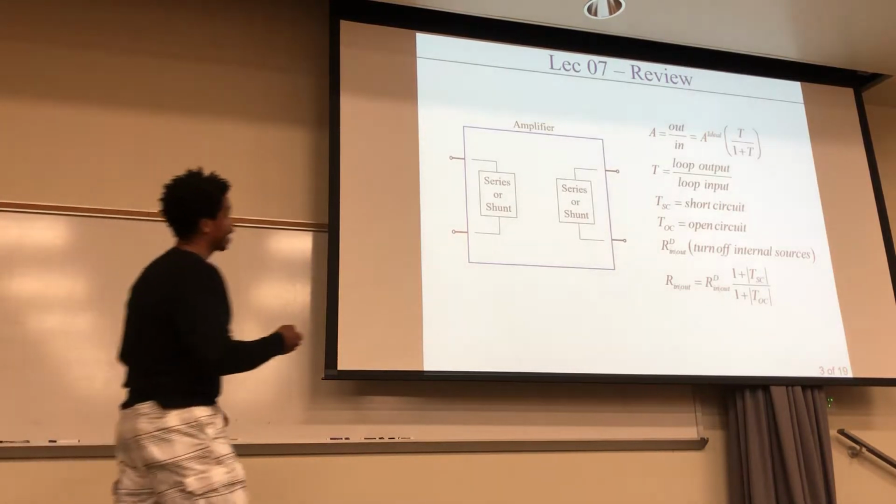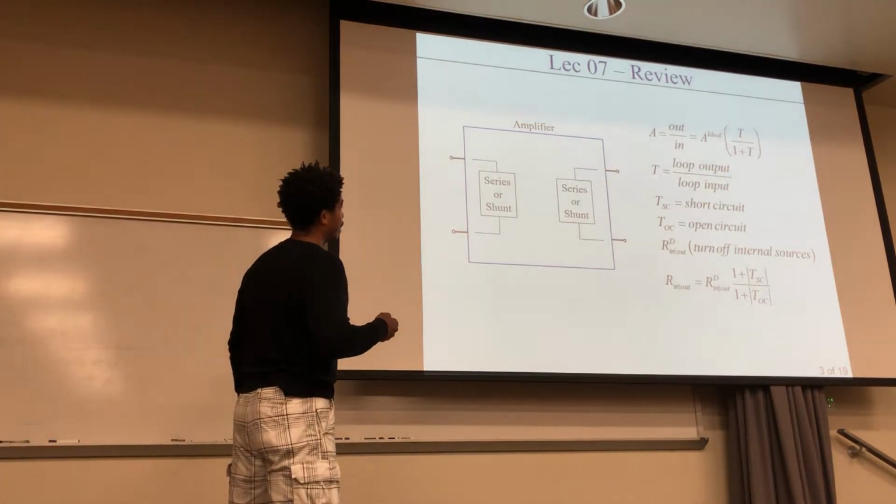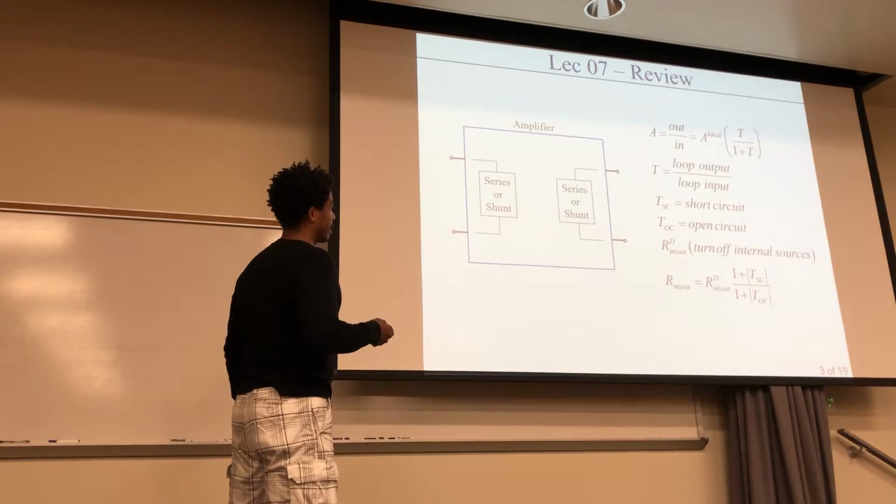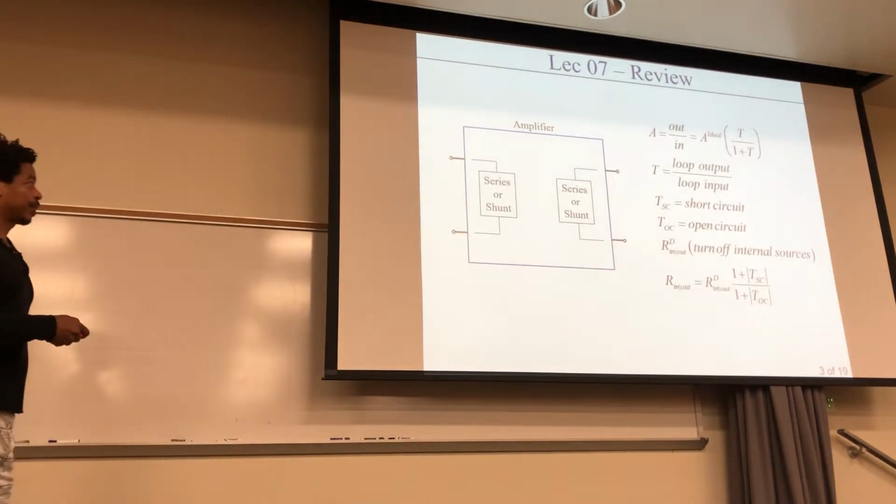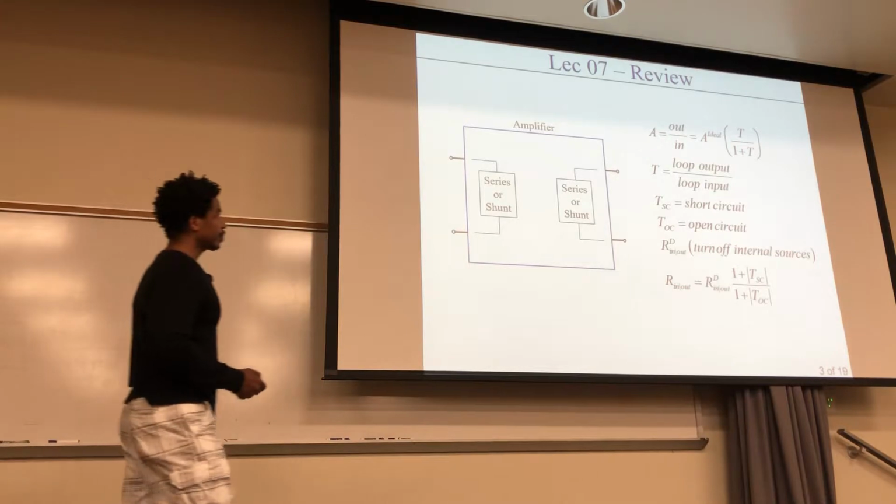We also looked at the loop gain, the short circuit loop gain, the open circuit loop gain, and the Rn if you turn off all the internal sources, and also the overall resistance looking from the input port or the output port.